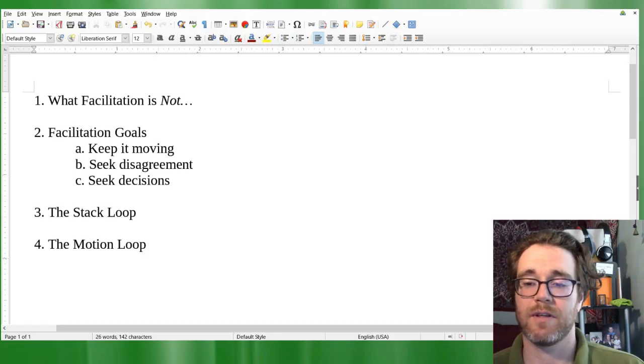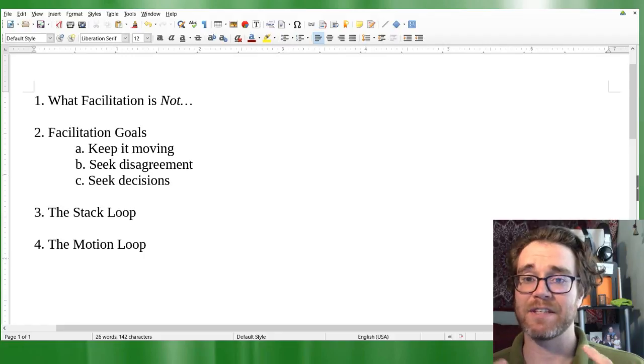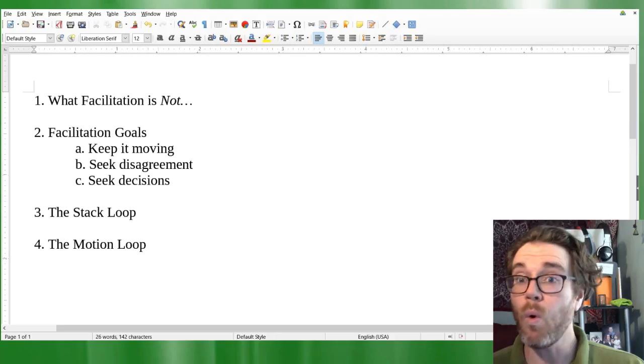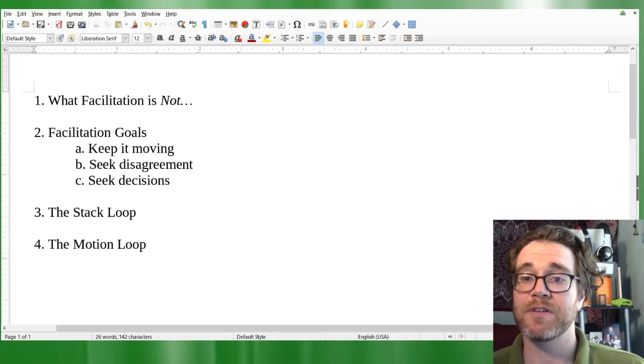You could open the stack, which we'll talk about in just a moment, for someone to put forward a motion along the lines of the viewpoint that seems to have a base of support within the room. Or it can be just as simple as saying, we're nearing the end of time on this agenda item. We need to come to a decision. Is there someone who has a motion that they'd like to put forward? It can be as simple as that. And so that is the aspect of seeking decisions.